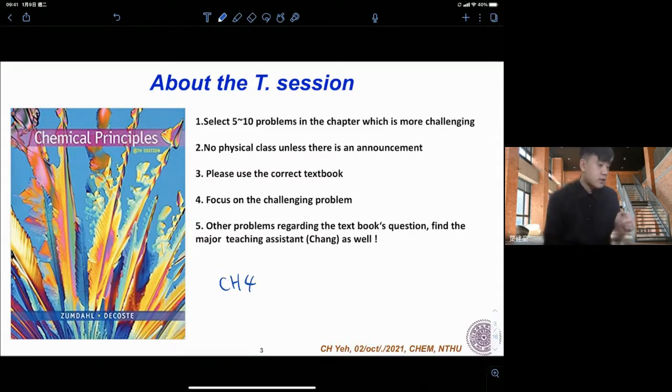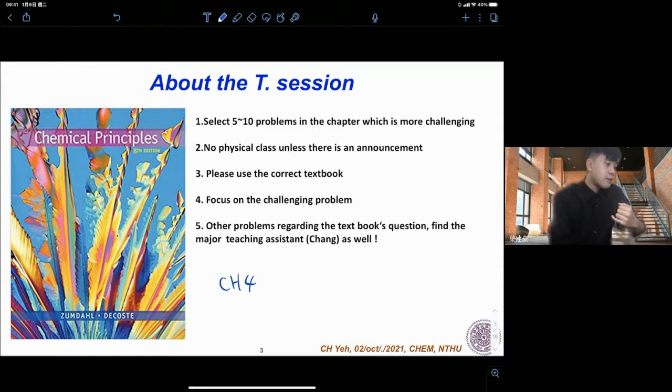In chapter 4, the problems I selected are all challenging problems. This course will not have any physical class unless there's an announcement. So if I do not say anything and I do not send any emails, then the TA session will be recorded previously and uploaded to YouTube, and I will announce that you can watch it.